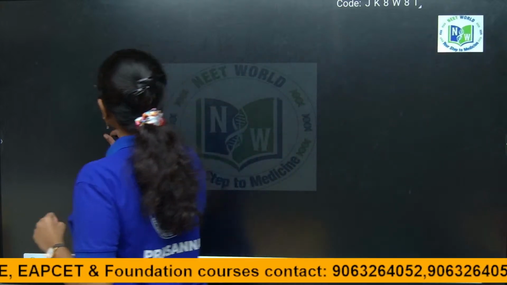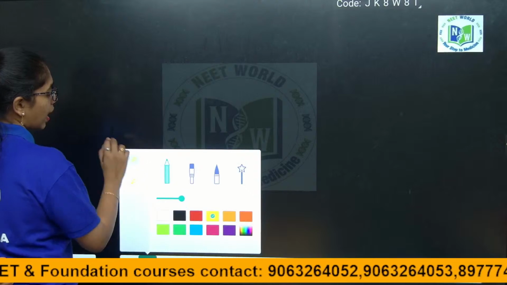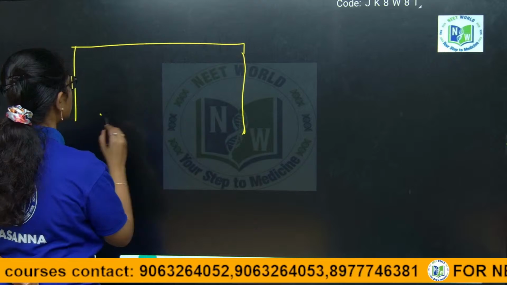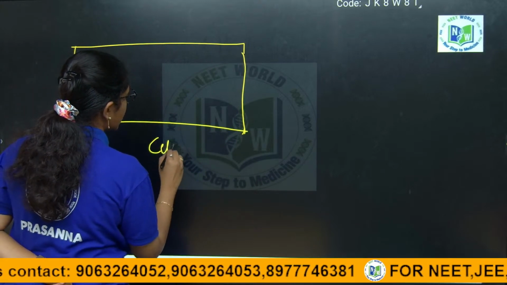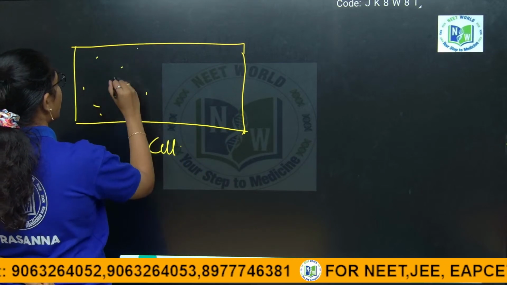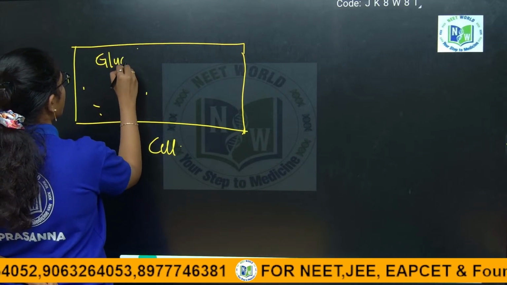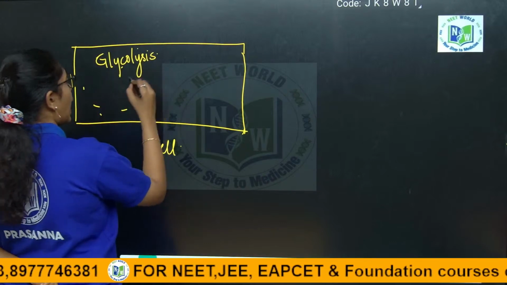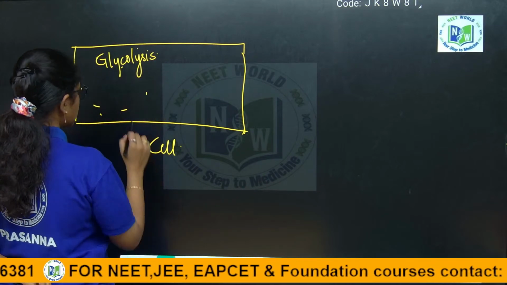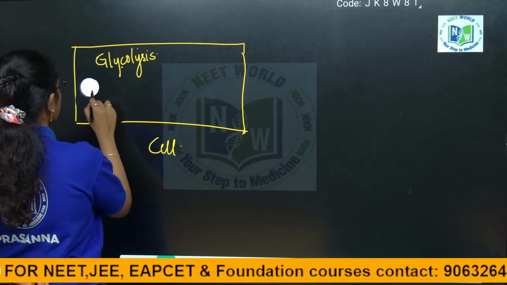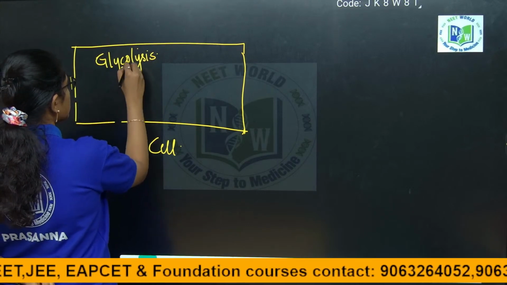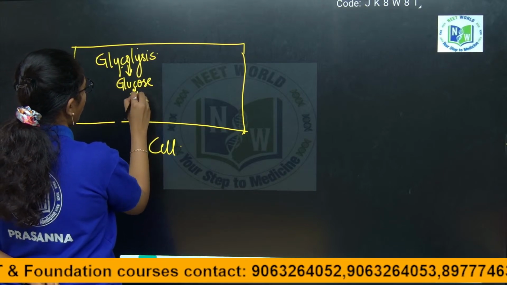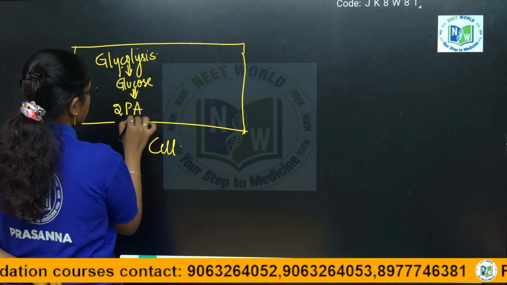So, as we all know, glycolysis takes place in the cytoplasm, yes or no? If you consider this as a cell and this as cytoplasm, glycolysis occurs inside the cytoplasm, and at the end of glycolysis, what is produced? Glycolysis will break one glucose molecule to 2 molecules of pyruvic acid, yes or no?